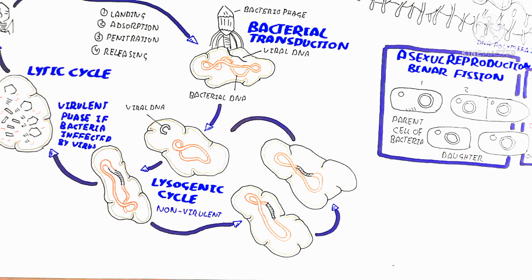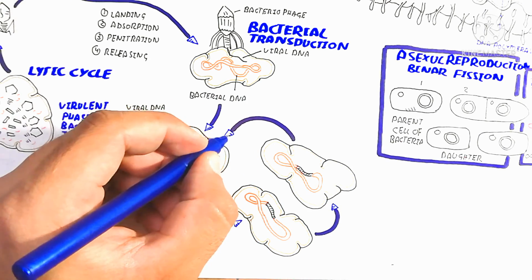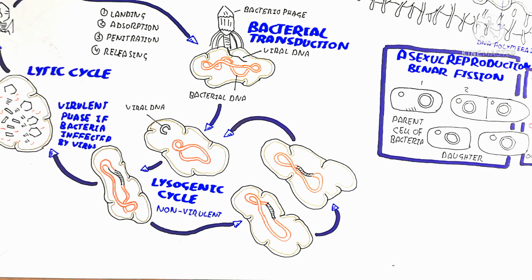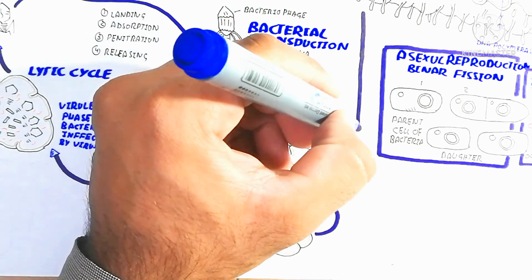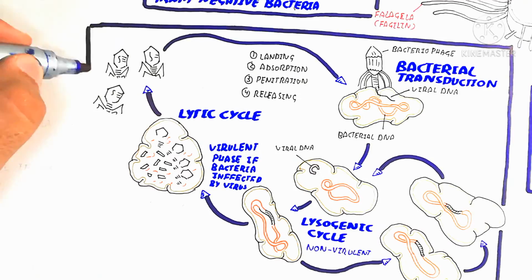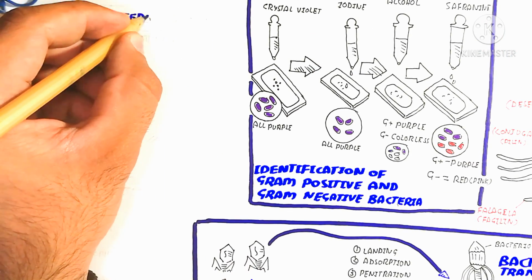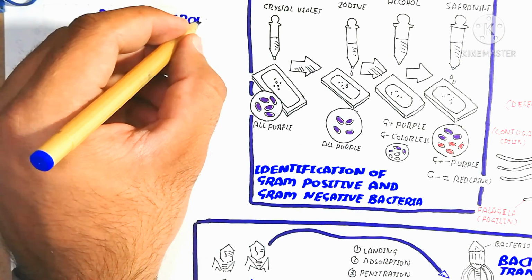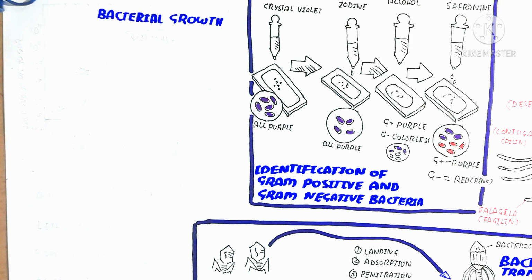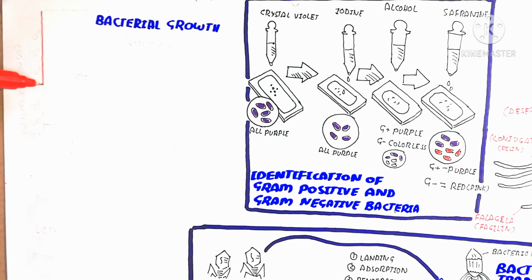It will not become lytic when the environment is unfavorable. These bacteria will divide by asexual reproduction to produce more and more recombinant bacteria, and ultimately, when the environment is favorable, there will be lysis.